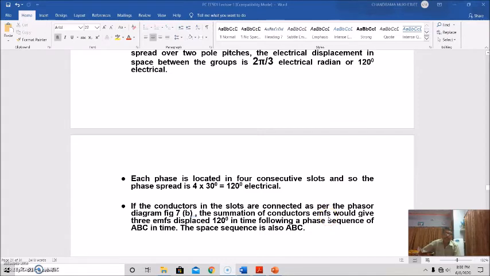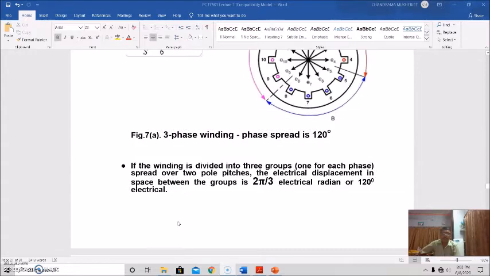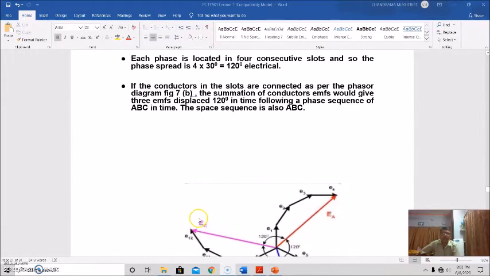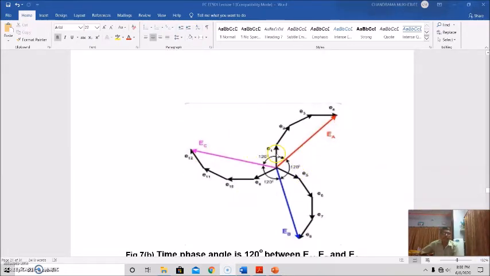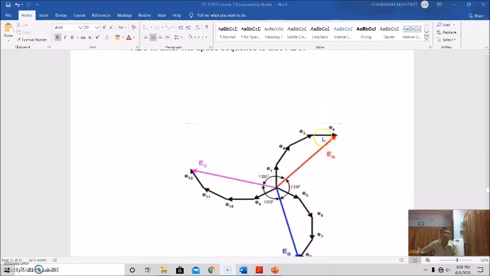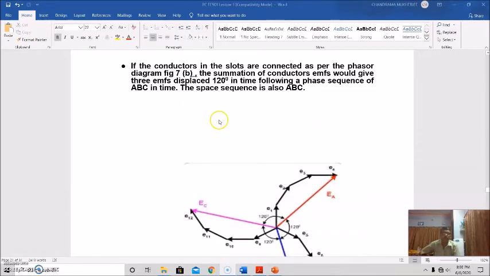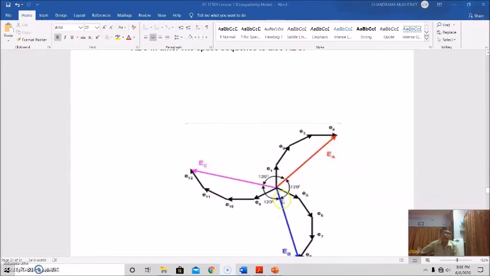If the conductors in the slots are connected as per the phasor diagram, given in figure 7b, the summation of the conductor EMFs would give the 3 EMFs displaced by 120 degrees. This is conductor 1 EMF, this is conductor 2, this will be conductor 3, and this is conductor 4. So in this way, this is for A phase, this is for B phase, this is for C phase.